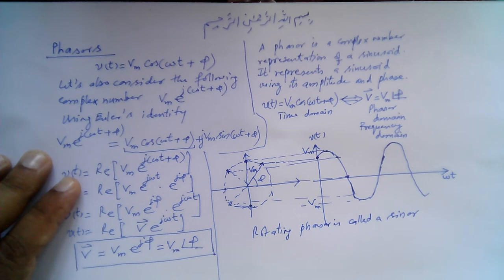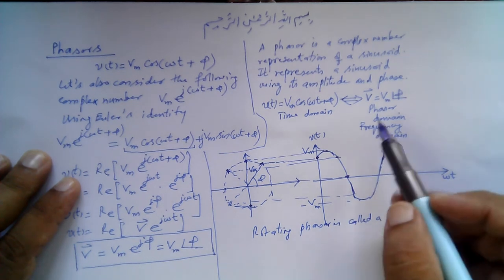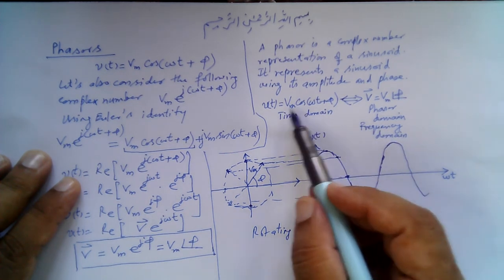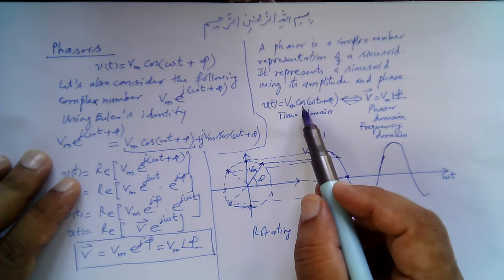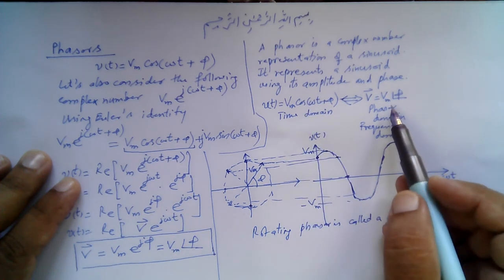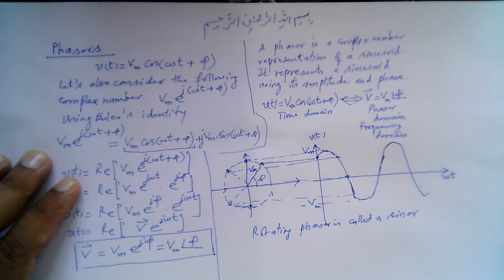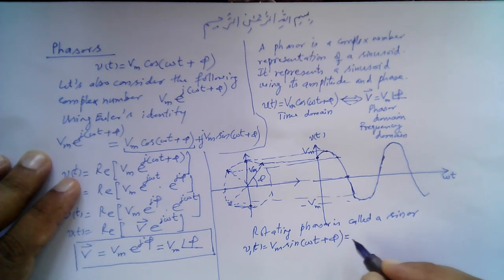So as we have seen, we can convert this time domain representation of the sinusoid into the frequency domain phasor right here. What if we have a phasor in the form of a sine, for example, function v1(t) is equal to Vm sine omega t plus phi? So we must first convert it into the cosine form.